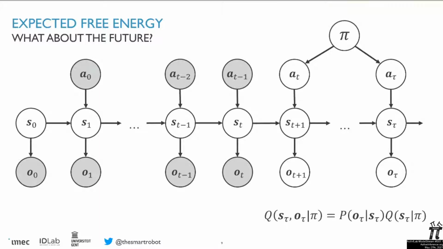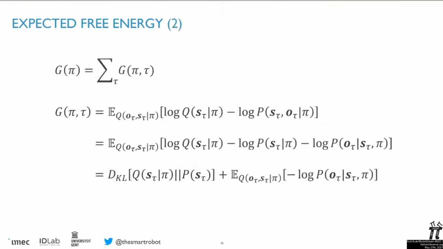And you now have to create expectations not only on future states, but also on future observations. So which states do I think I will visit by doing some actions, and what kind of observations do I think I will see if I visit these states. Then the free energy becomes the so-called expected free energy.